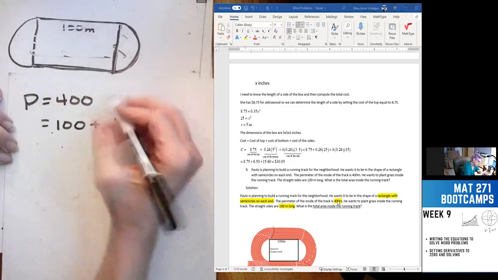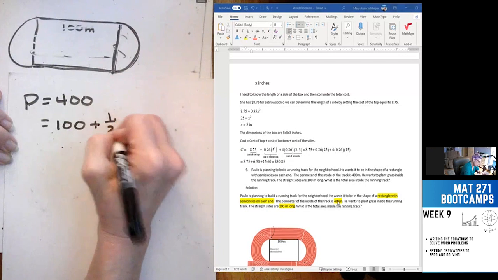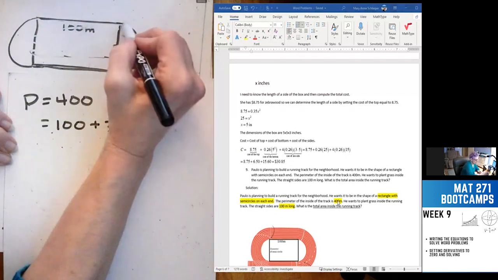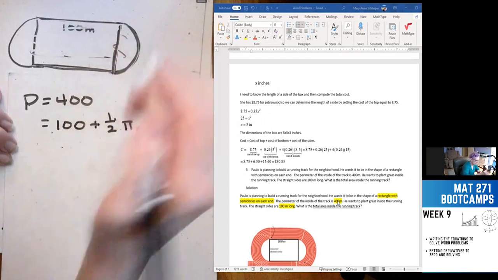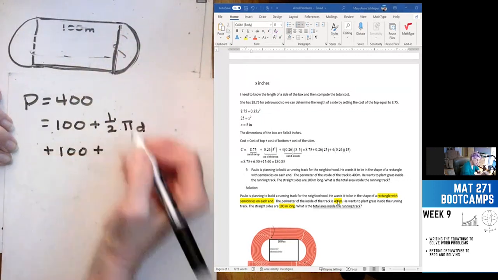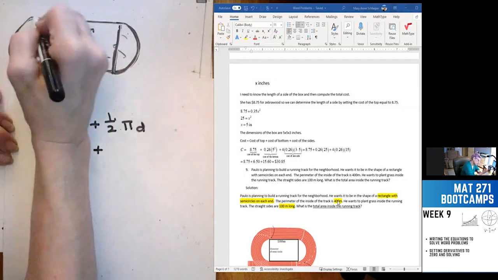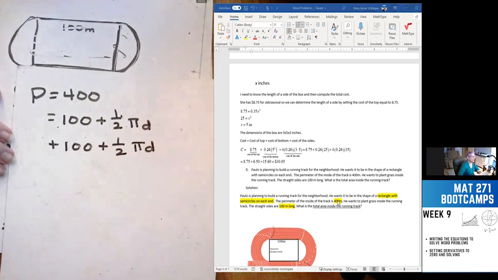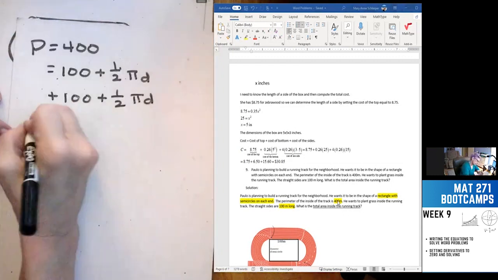So it's 100 plus 1/2 of pi times the diameter, so half the circumference of a circle, plus another 100, plus another half of a circle. That has to be equal to 400.